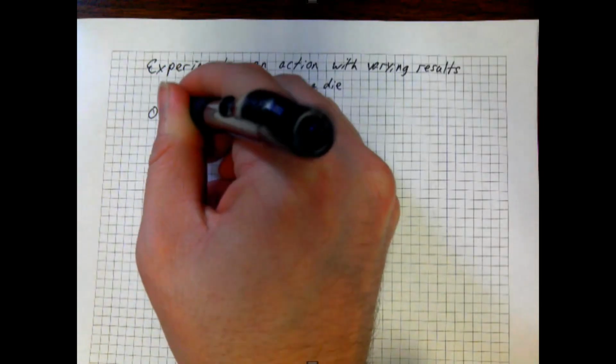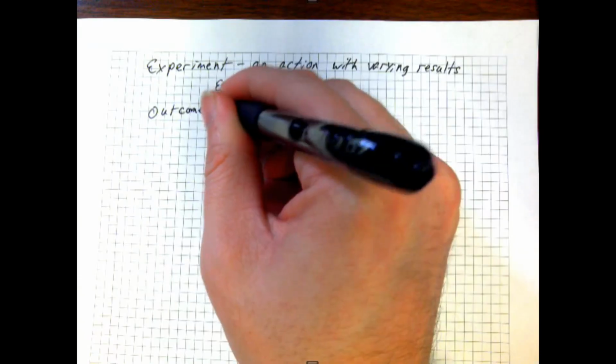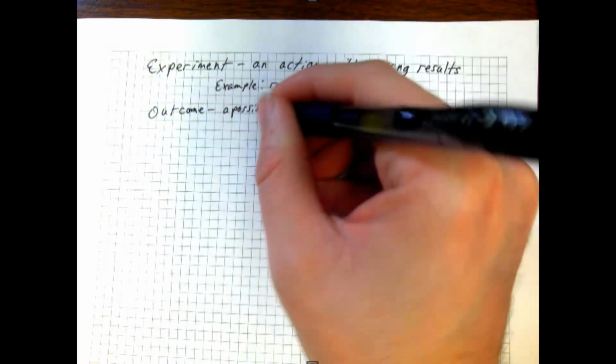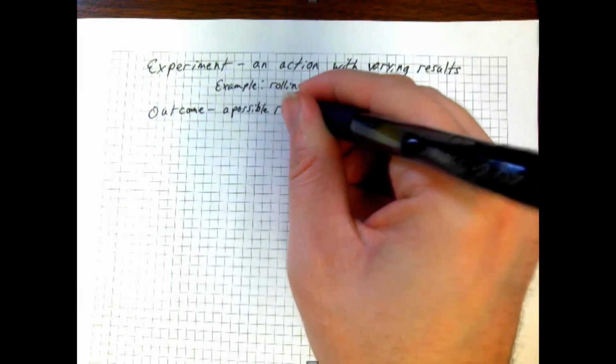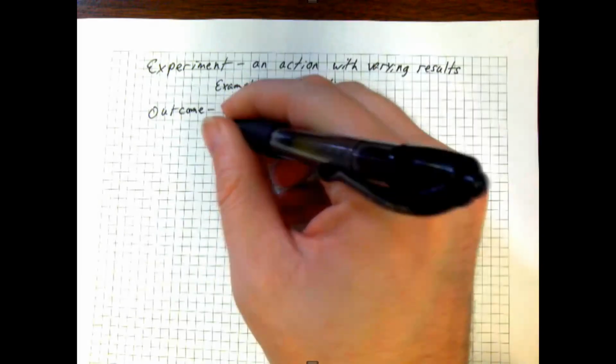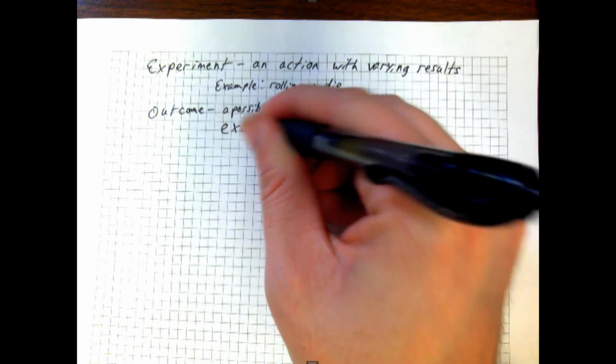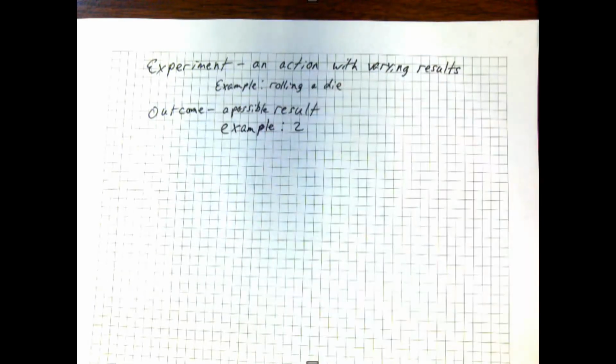The outcome of the experiment is a possible result. For example, if you roll the die, you could roll a 2. That's a possible outcome.